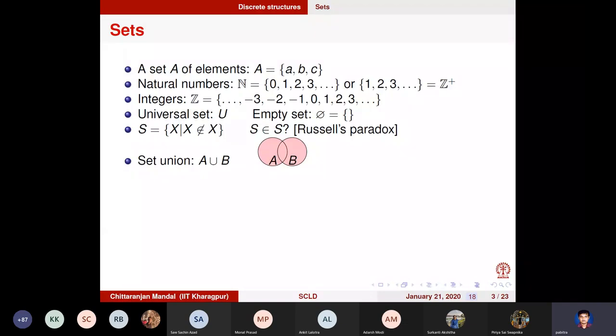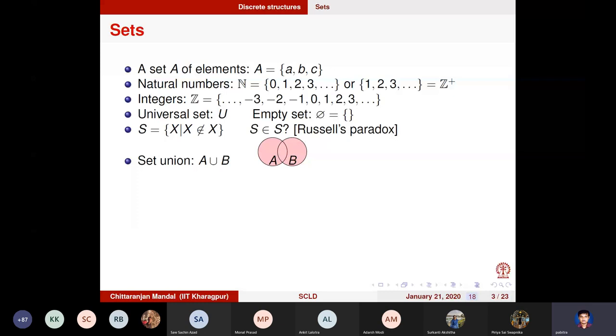So A and B are operands, and the set union is an operator. After applying that operator on these two sets, A union B, you get a third set, which is the union of these two sets. Okay, so these kinds of operators on sets are what we are more interested in.